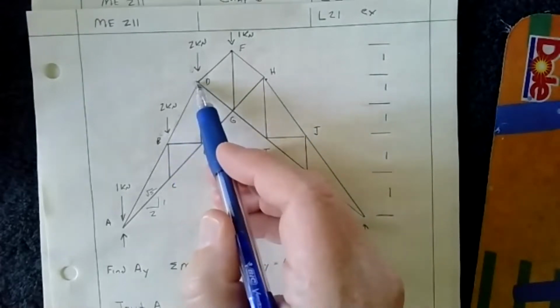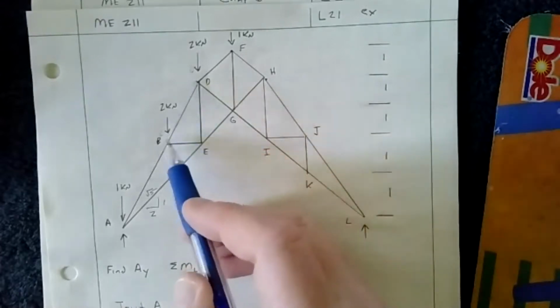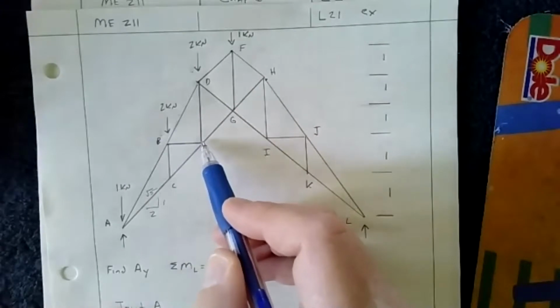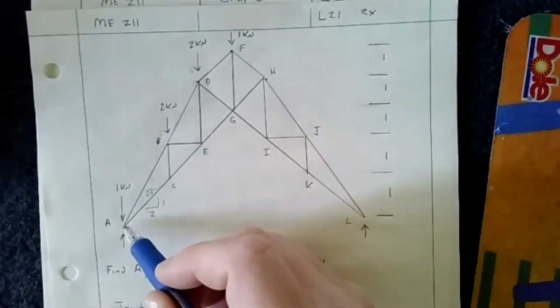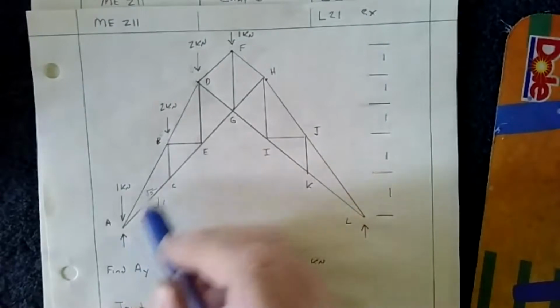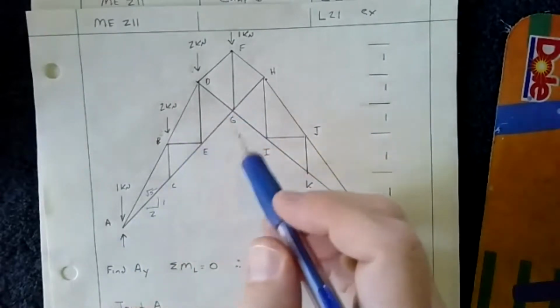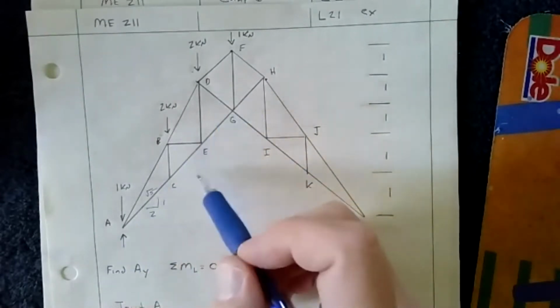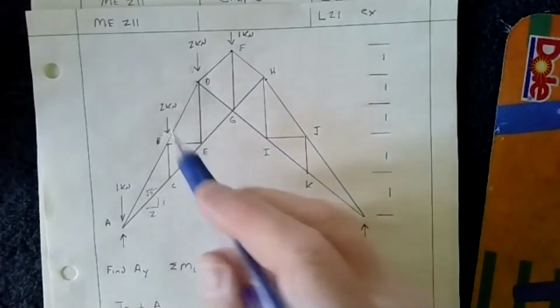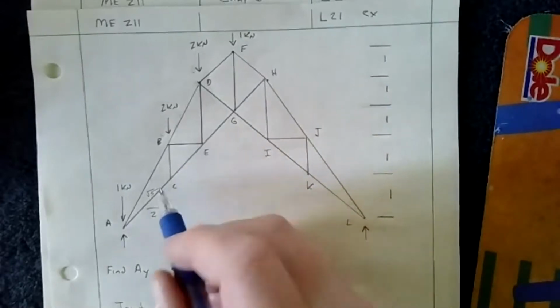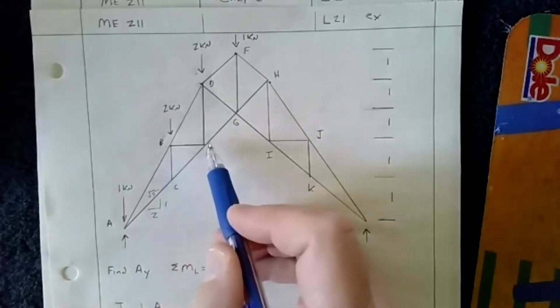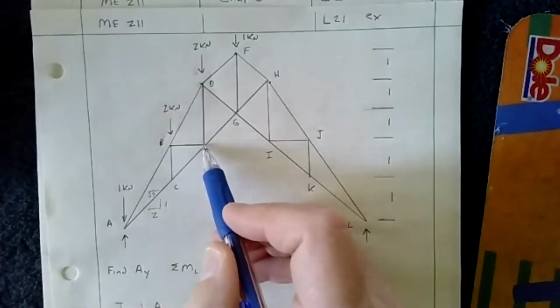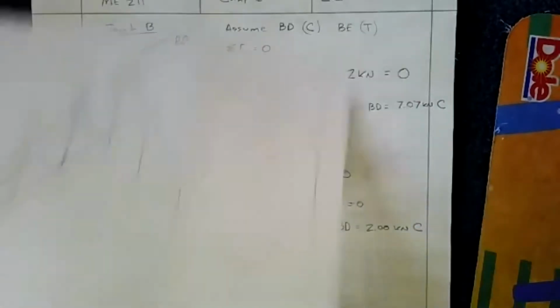So instead of going to D where we can't do anything, we're going to go to E. And this is why you have to start with method of joints at a corner, because if you start inside the truss, it's not going to work very well because you'll have too many unknowns. You'll set up your equations, but you won't be able to solve anything. So I'm going to go ahead and go over to E now, and we'll draw joint E and see what that looks like.